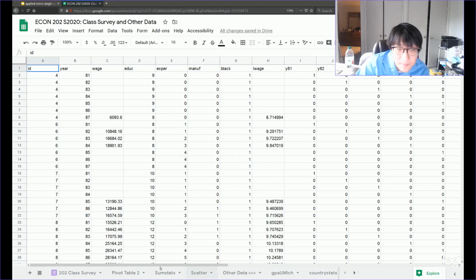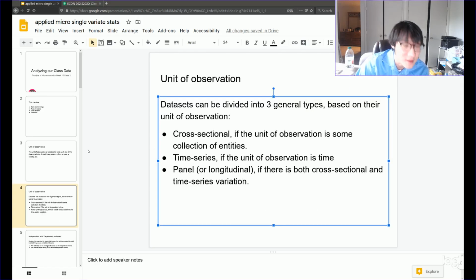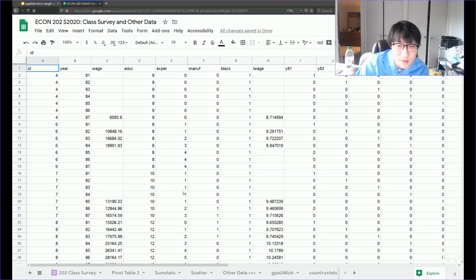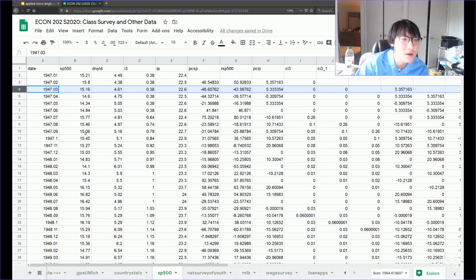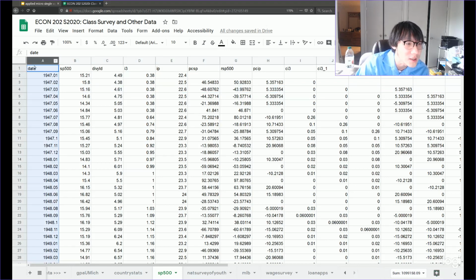Now, on the other hand, if we have within our data variation across time, but no variation across individuals or across units, then what we're dealing with is a time series data set. So for example, this S&P 500 data set, you can see that this is only dates going down.